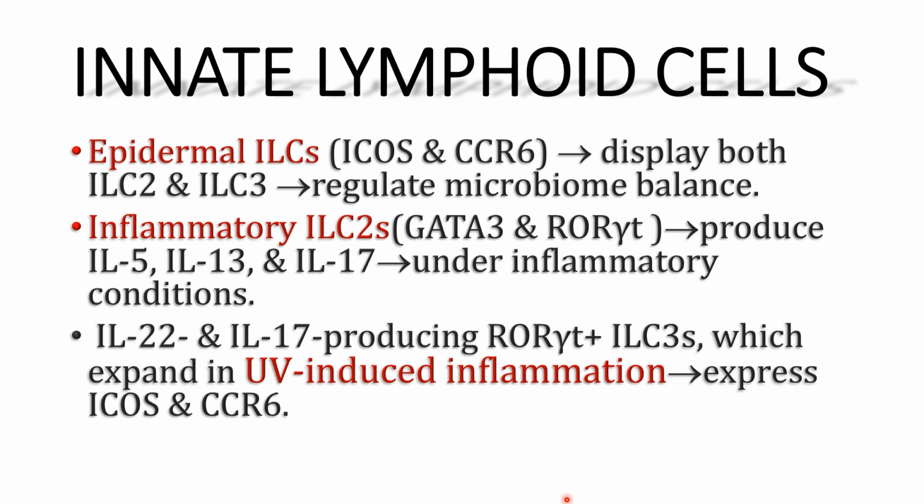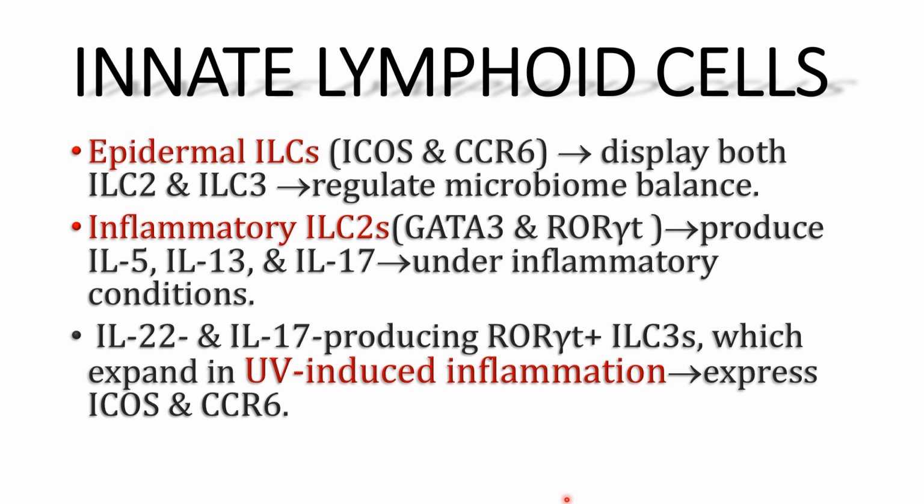So epidermal innate lymphoid cells that express ICOS and CCR6 display characters of both innate lymphoid cells type 2 and 3 and regulate microbiome balance, while inflammatory innate lymphoid cells type 2 that express both GATA3 and retinoic orphan receptor gamma T produce interleukin 5, 13, and 17, which infiltrate the tissues under inflammatory conditions.